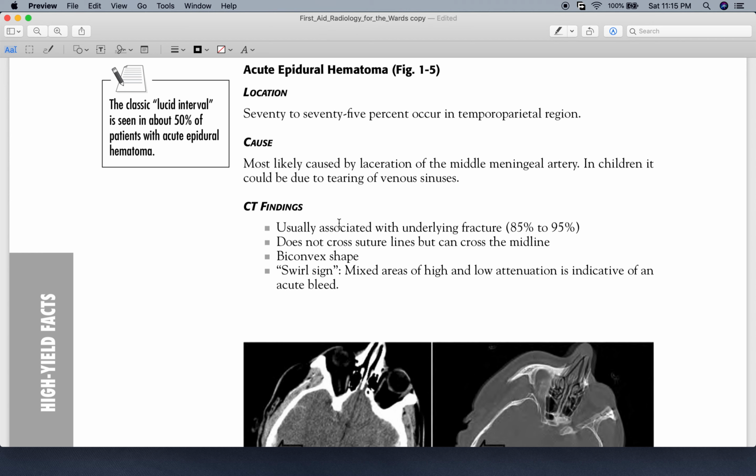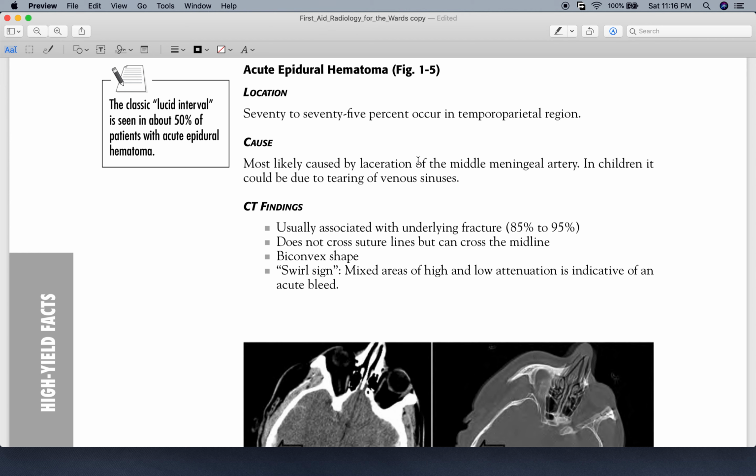What about the cause? Most likely caused by laceration of the middle meningeal artery. In children, it could be due to tearing of venous sinuses. The middle meningeal artery is always the one responsible for problems regarding hemorrhages, ischemias, aneurysms, everything.